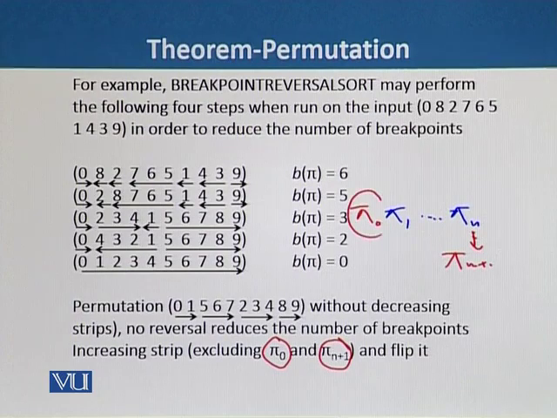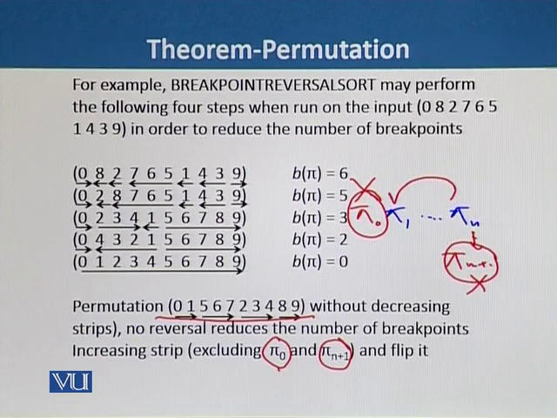So we will add pi naught before pi 1 and we will add pi n plus 1 after pi n. So to overcome this type of problem, we will remove these two, pi naught and pi n plus 1, and after removing these two, we can flip the order in between these two elements.